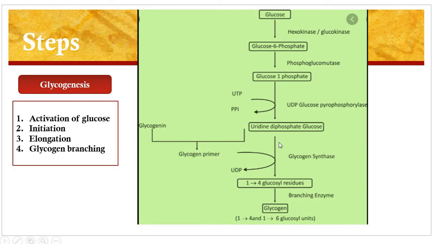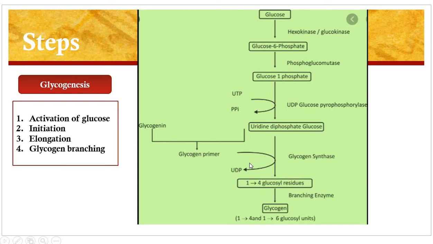So these are the different steps in glycogenesis. First is the activation of glucose, in which there is a formation of uridine diphosphate glucose. Second is the initiation, in which uridine diphosphate glucose utilizes glycogenin to form the glycogen primer, and the glycogen primer in the presence of glycogen synthase will form a single chain of glucose molecules, and the successive glucose molecules are added with the help of UDP.